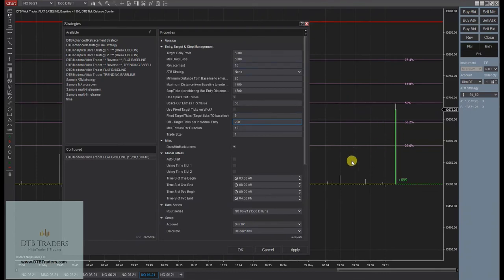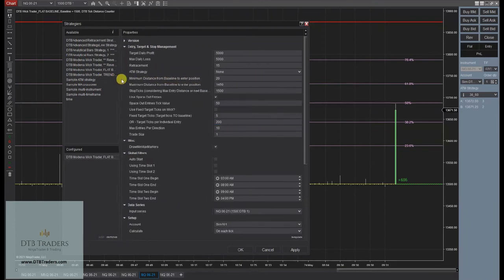The idea with this is you can choose your minimum distance from the baseline to enter a position. That is how far up the baseline you want to enter a position. Say for example we're on 688 ticks now, so we don't want to enter a position below 600 ticks. So the minimum distance we can choose is 600 ticks.